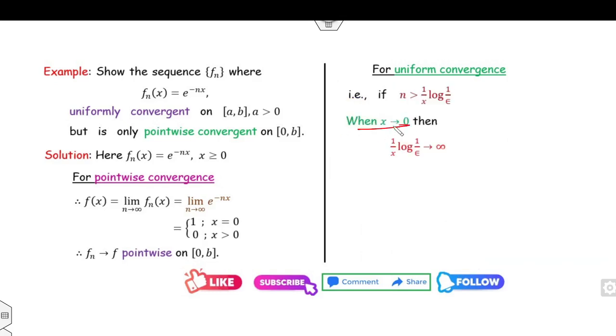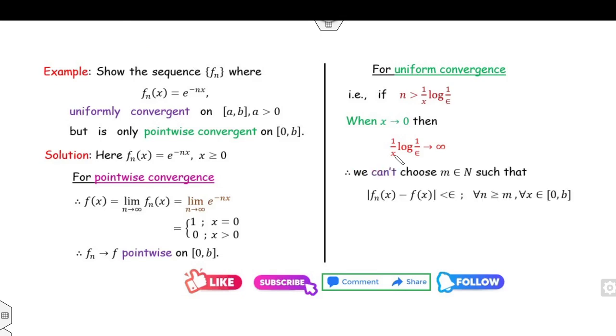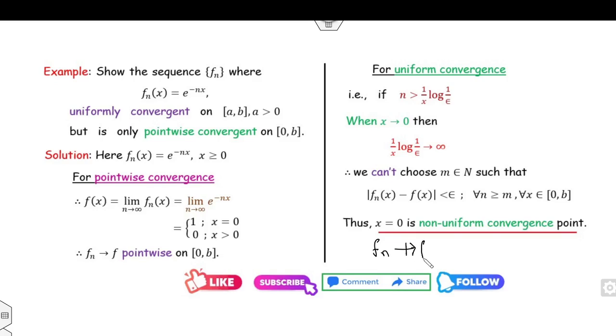So clearly, when x approaches 0, this limit goes to infinity. Therefore, we can't choose the value of n so that this condition will be satisfied. Therefore, x equal to 0 is the point of non-uniform convergence. Or in other words, f_n(x) does not converge to f uniformly on any interval which contains 0.